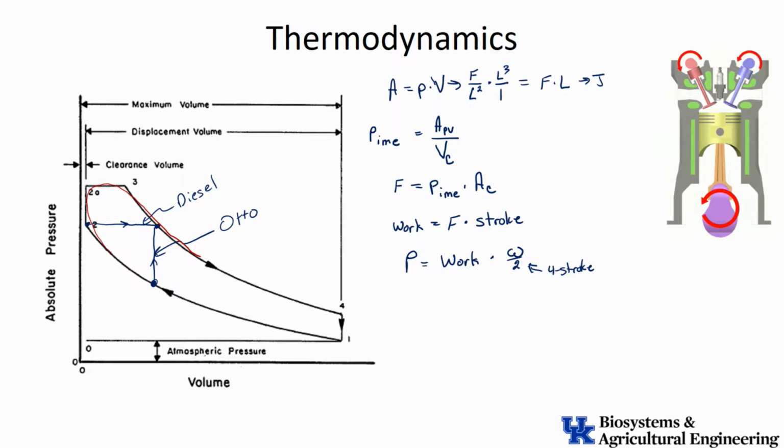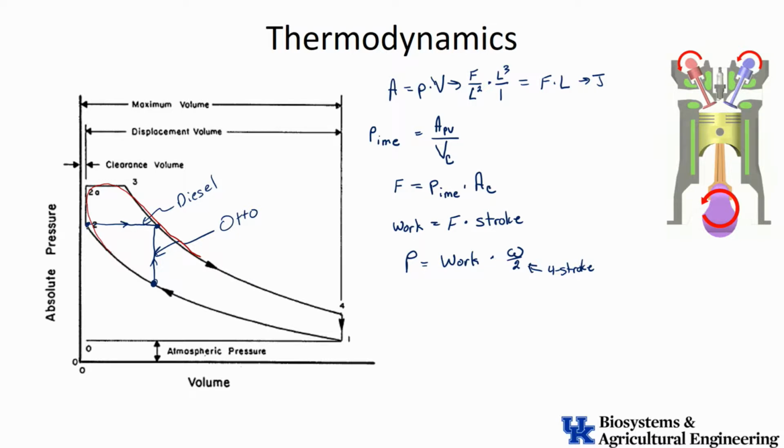So that's how we could look at the PV diagram, and engine designers and engineers that work on engines will be measuring these pressures and looking at how much power they're getting out of, how to manipulate and shape these curves, because the way we get more power out of it is to get more area in between those curves, to stretch that out, make that bubble a little bit bigger there, okay?